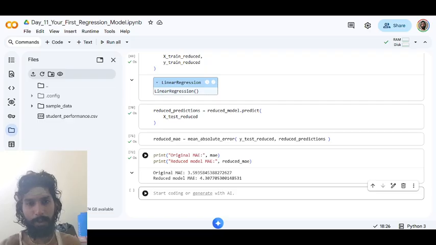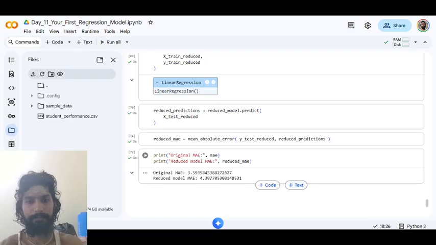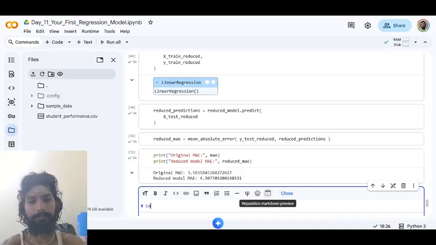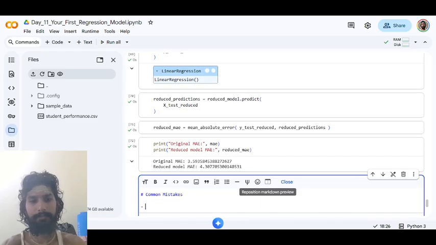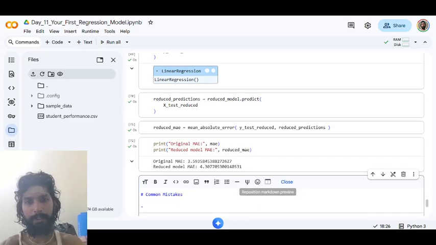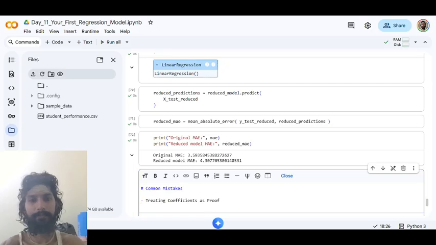Now, let's discuss some common mistakes. The first common mistake is interpreting model coefficients as causal effects.